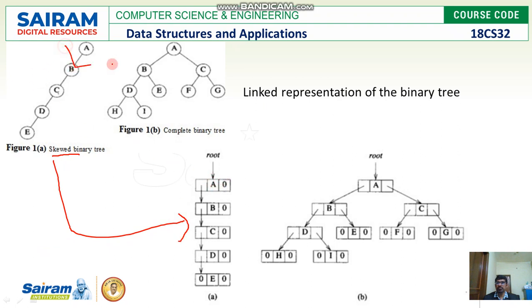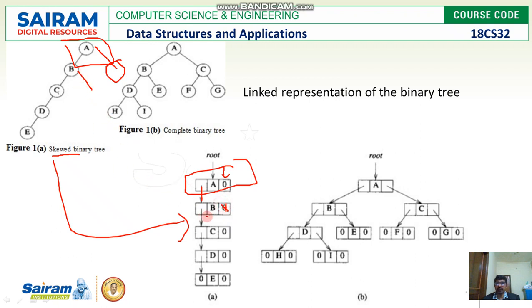This is for the first diagram. The first node A is divided into three parts and does not have any right child, so we have put it as null. A has a left child B, so we have a pointer from the left of node A to the next node, which is B. Again for B there is no right child, so this is null.